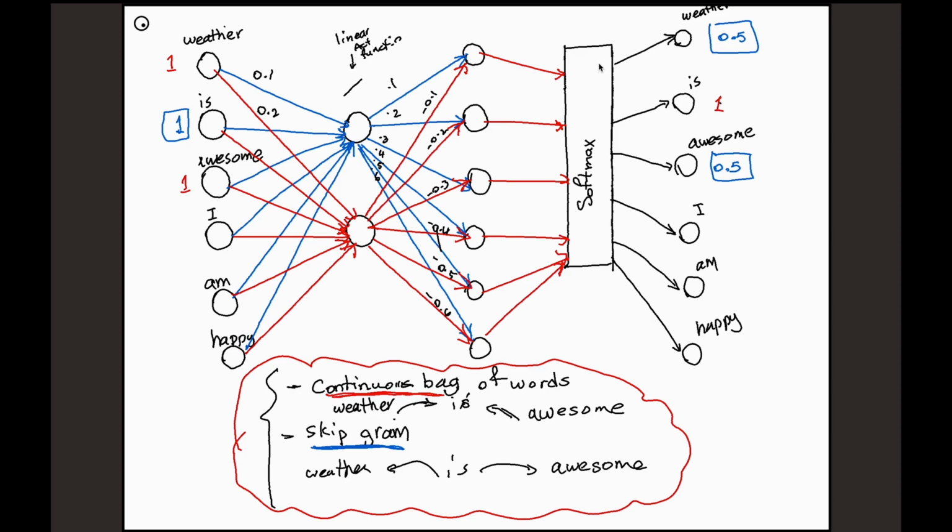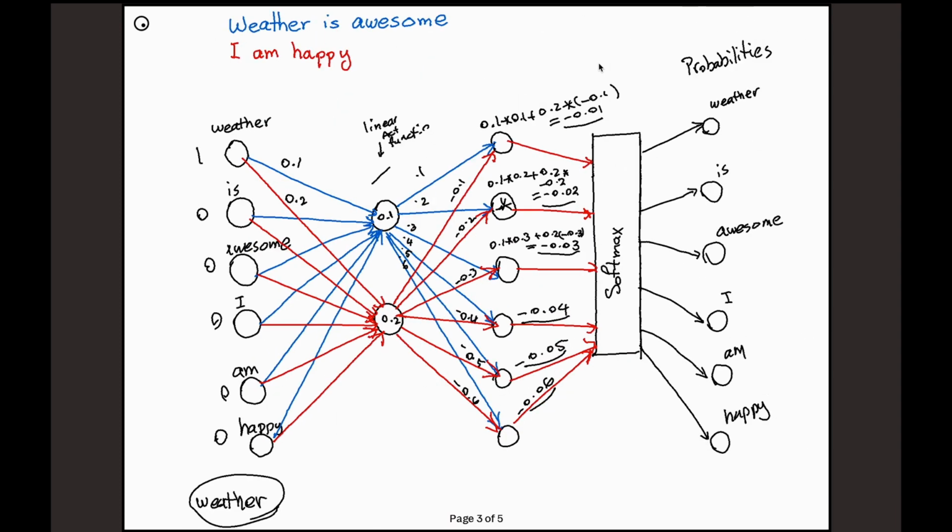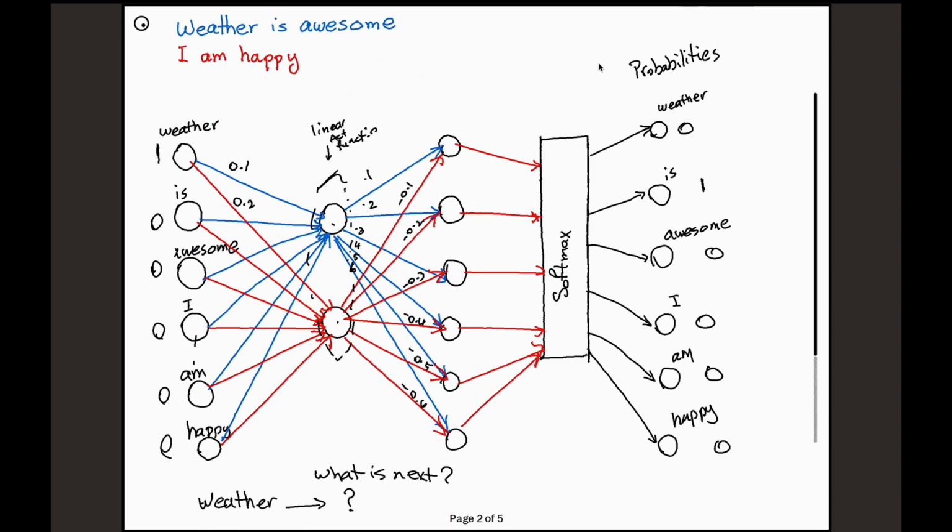So to sum up, what we discussed today was an amazing technique called Word2Vec. We started from a very simple example where our goal was to predict the next word, and we only had two training inputs, "weather is awesome" and "I'm happy", but we showed that by that you can update the weights theoretically, and you can just use the weights for your embeddings.